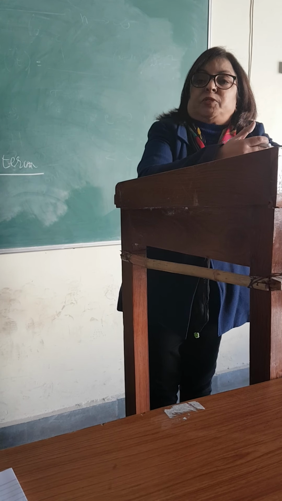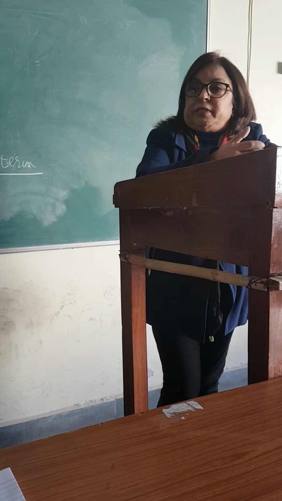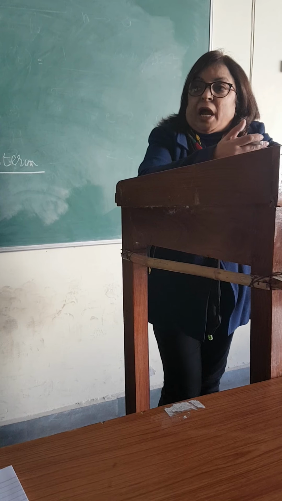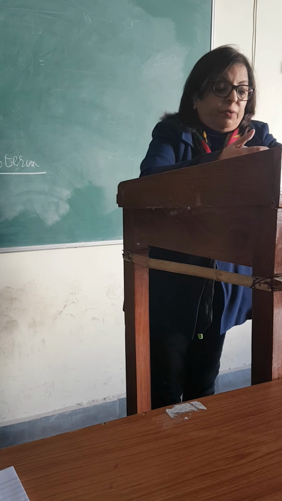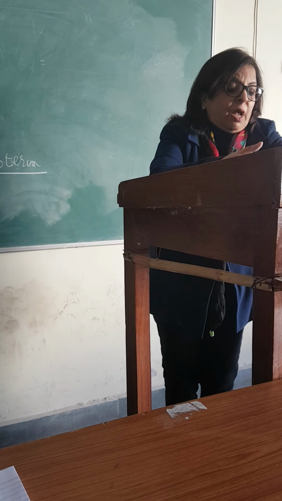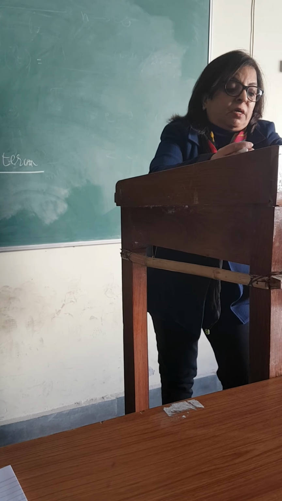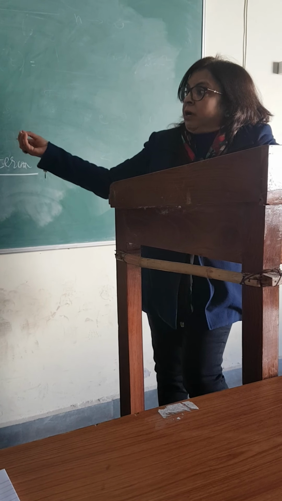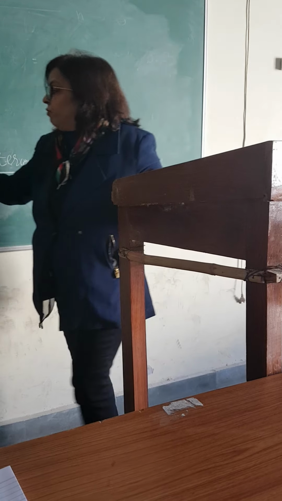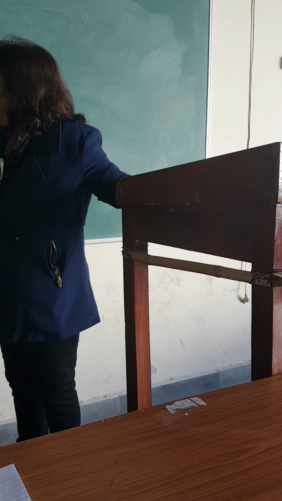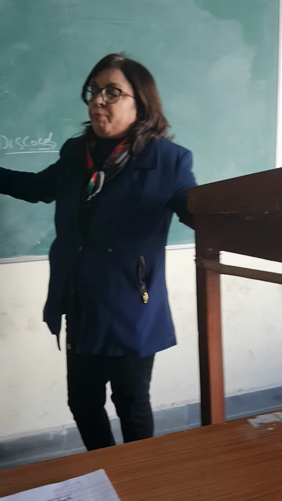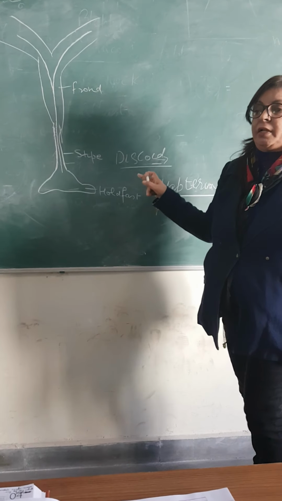So above the substratum we find the stipe and the frond. The stipe is the lowermost region of the thallus, and this represents the midrib and a little bit of the thallus. The frond is there here also, but it gets torn up because, as I told you, it is present in the sea.